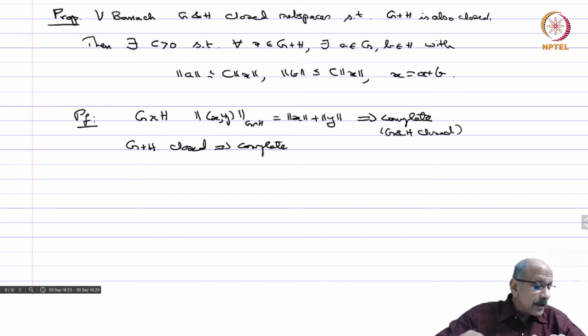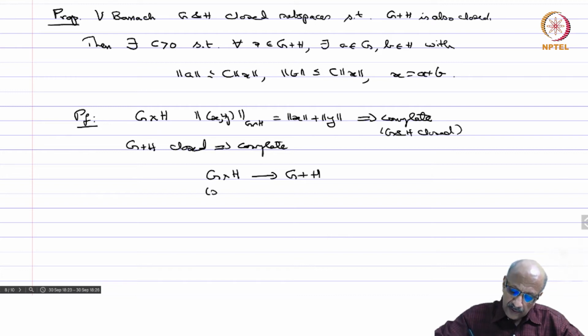So we have two complete Banach spaces and we are going to take a mapping from G cross H into G plus H. So we are going to take (x,y) going to x plus y. So this is linear and this is obviously continuous by the definition of the norm.